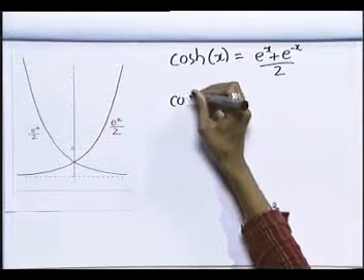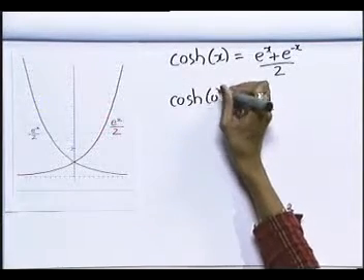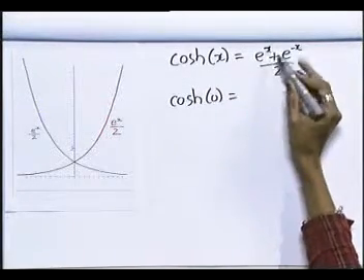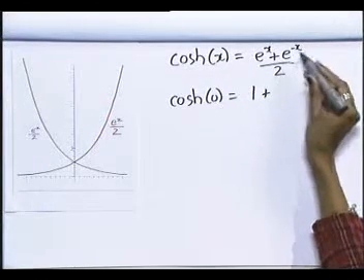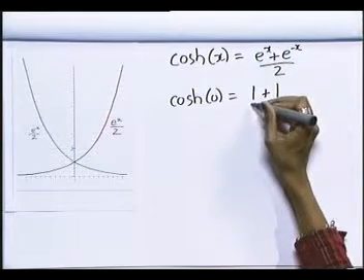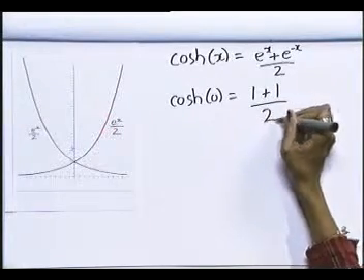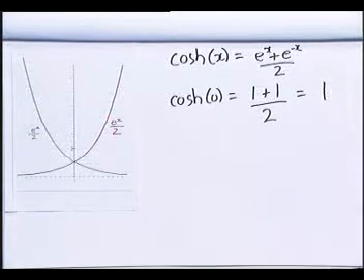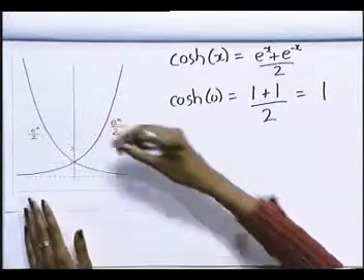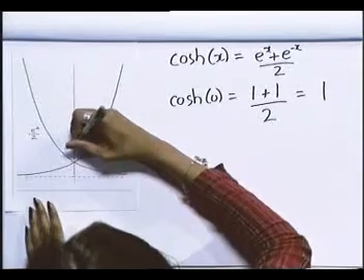So cosh of 0 is e to the 0, which is 1, plus e to the 0 again, which is 1, all divided by 2, which is 2 over 2, which is 1. So we can mark cosh 0 onto our graph here.